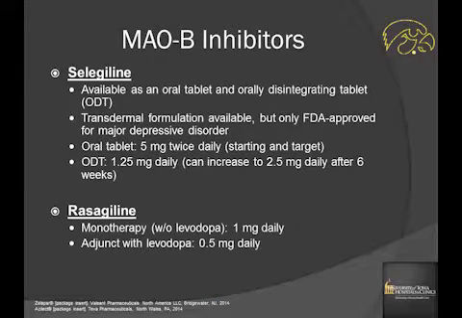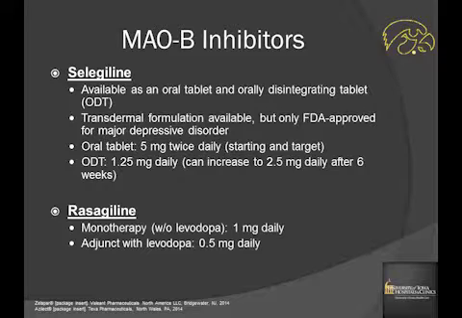So the two options we have for the MAO-B inhibitors are selegiline and rasagiline. Both of them are available as tablets. Now it's interesting that selegiline is available as a transdermal formulation. However, it's only FDA approved for major depressive disorder, and I personally have never seen a patient on selegiline patches strictly for Parkinson's disease. But in theory it probably could be considered, but again, it does not hold an FDA-approved labeling for that.